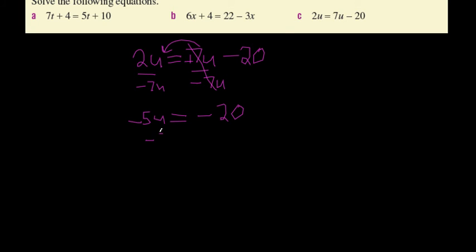Divided by negative 5. So we need to now divide both sides by negative 5. When we do that, we are left with u on this side because they cancel each other out. And on this side, we've got negative 20 divided by negative 5. When we divide a negative by a negative, it turns into a positive. So we are left with u equals 4.